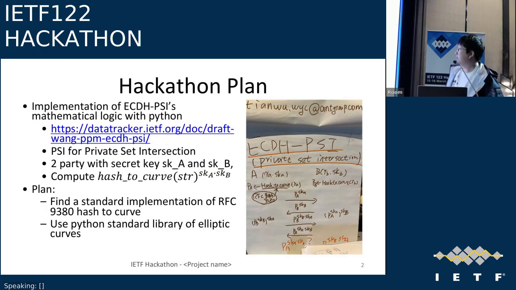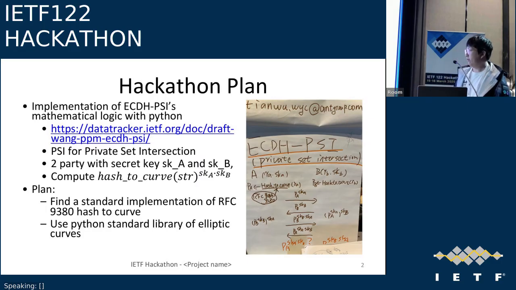The main logic of this protocol is that one has to map a string of binary length to points on elliptic curves, and use the private keys to mask the points.